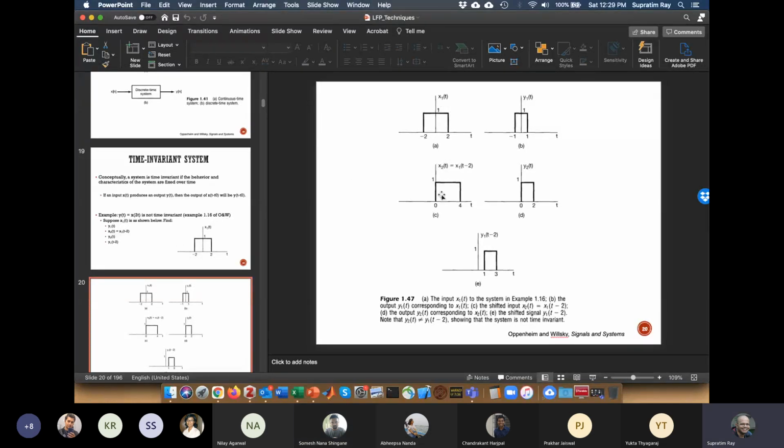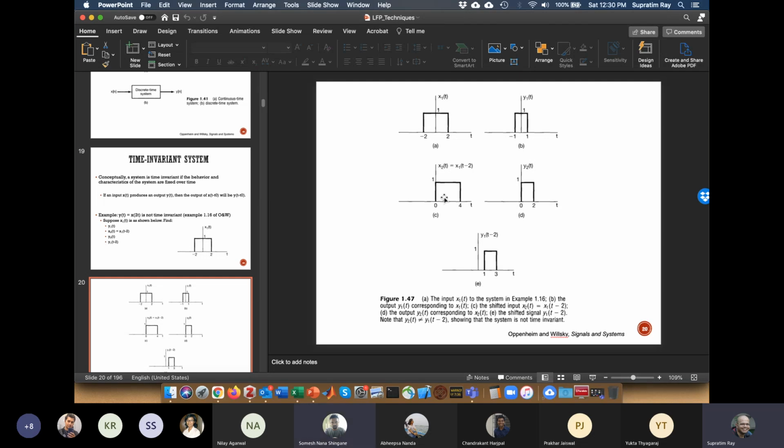Now I have got a shifted version of x1, which is x2. So x1 got shifted by 2 units. So this was here, shifted version is this. y2 of t, which is x2 of 2t, is just going to be a squished version of this signal.